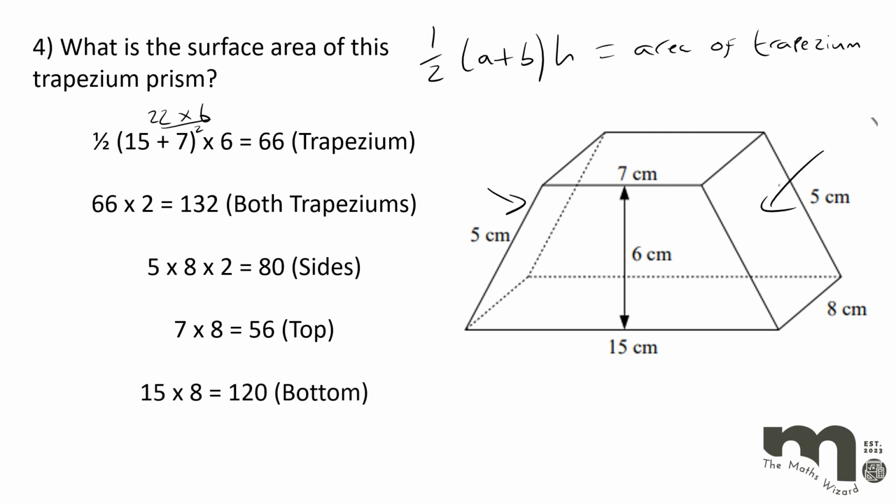And then your bottom, the base of it, is 15 times 8, which is 120. I've then got to add all of that together. So I've got the trapeziums here, and then I've got the sides here, the top there, and the bottom there. And that gives me a total surface area of 388 centimeters squared.